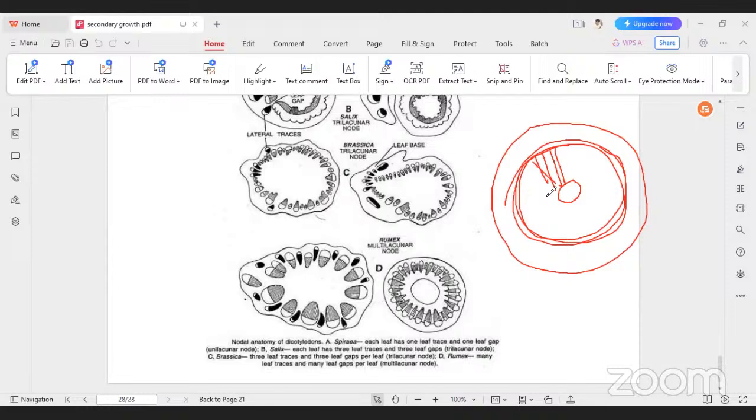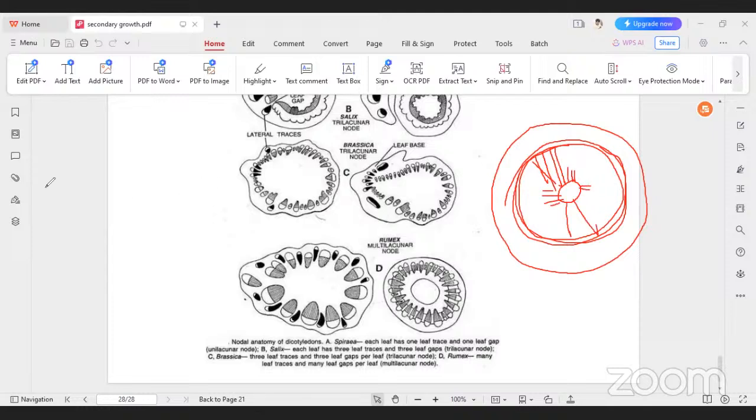It is not uniform. Somewhere, instead of the formation of an abundant amount of xylem elements, here just a very small amount of xylem is formed. Here also the same, less xylem. Here it is common. Here less xylem is formed.